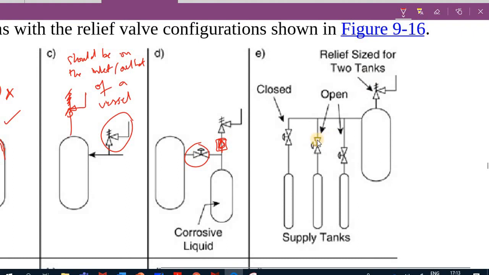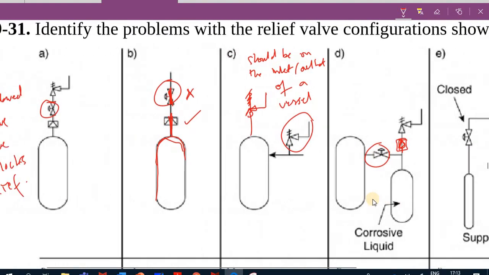The worst case scenario is that all of them are supplying, so this is open and that is open as well. Will that be able to withstand all the pressure that is coming from all three or not? So you see, we are going to the worst case scenario, that all of them are open, because we always want to make sure that our plant is safe. So that was part E.